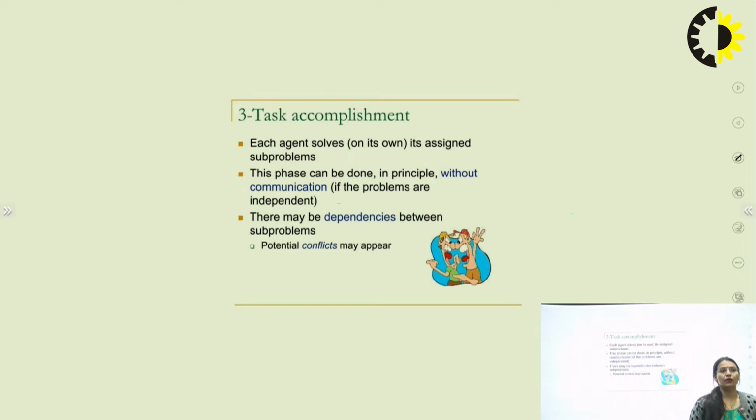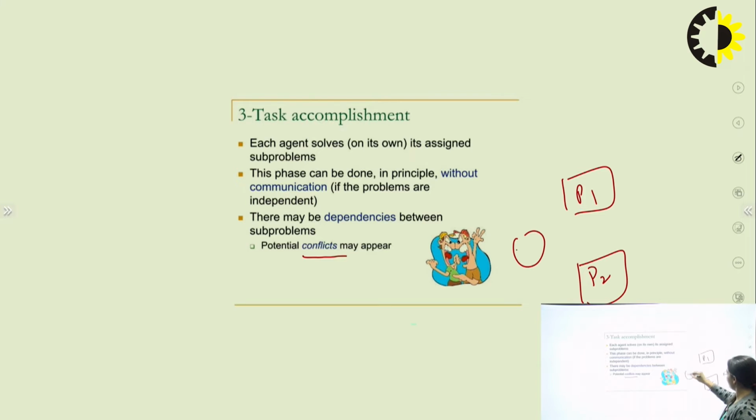In that case, potential conflicts may occur. Conflicts will be there. Now these conflicts may be in the form of, as we have seen in the case of deadlocks, that there might be certain processes, like the scenario is the same. If there are two processes, P1 and P2, and they require some resources at that time.